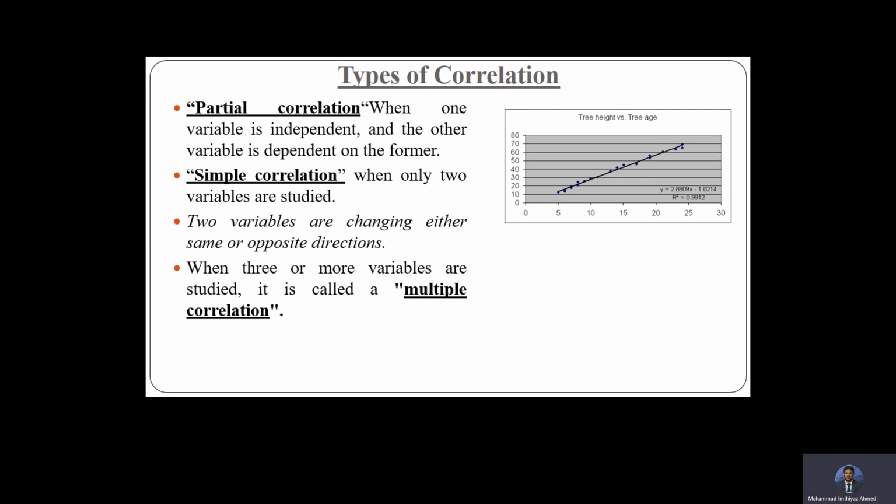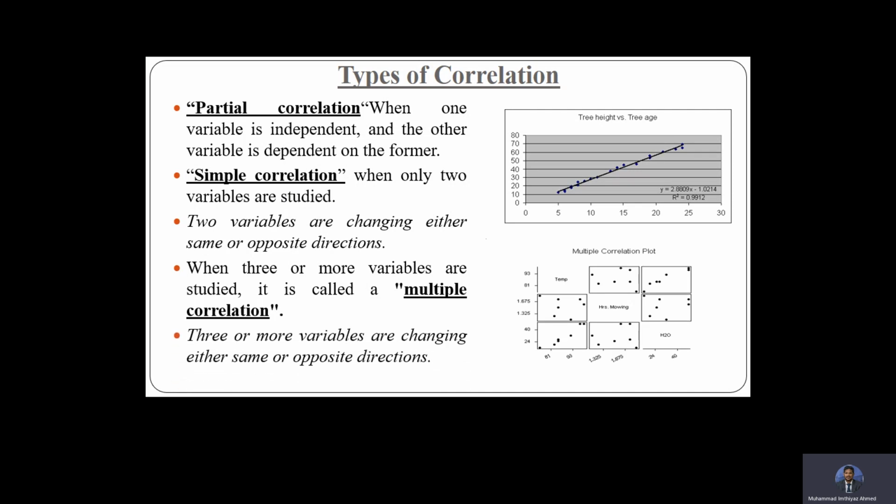That is partial. You study only two, not more than two, either increase or decrease, simple. But if you study two or more, multiple. So these are the various types of correlation you have to understand. Is this clear? The different types of correlation.